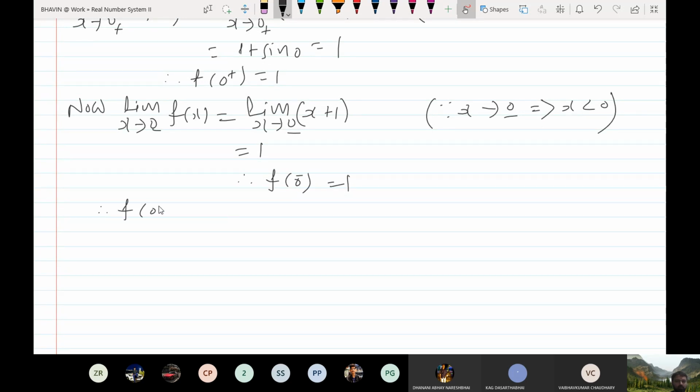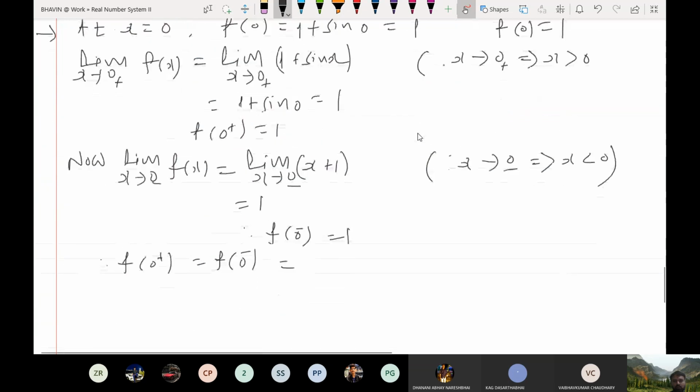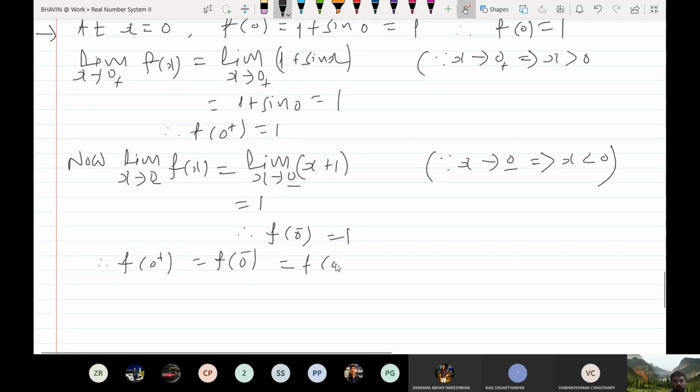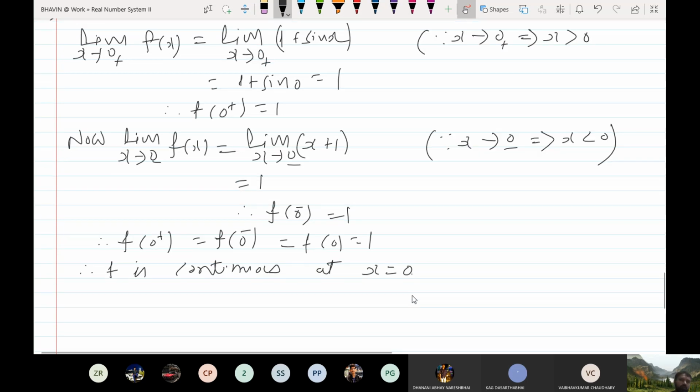Therefore f of 0 plus equals f of 0 minus equals the value of the function at 0, which is 1. All of them are equal, therefore f is continuous at x equal to 0.